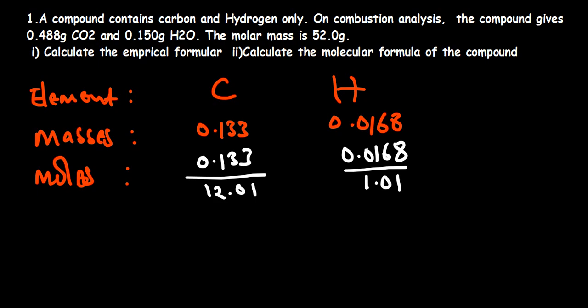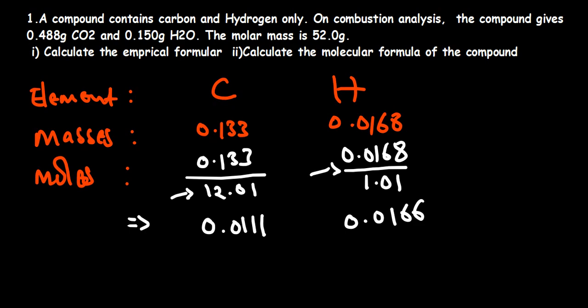You divide this on your calculator, and you also divide this on your calculator. When I divide this here, I'm getting 0.0111, and when I divide this, I'm getting 0.0166.